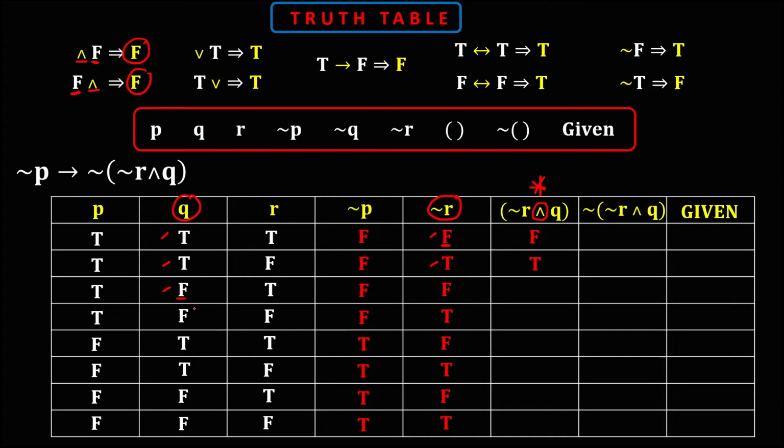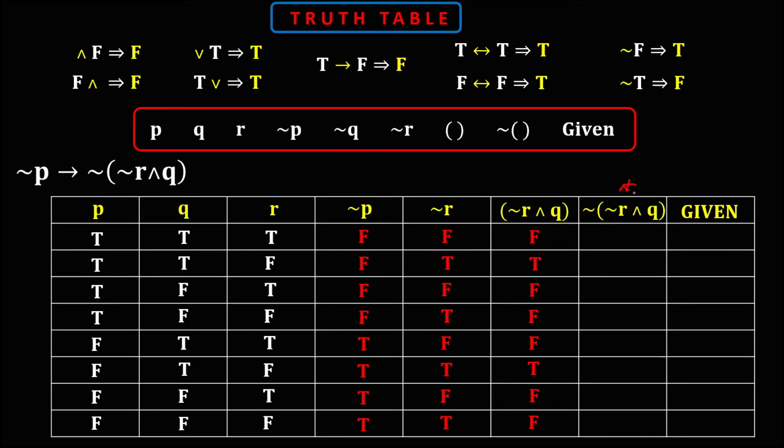Then false, so false. Then false, so false. Then true and false, so false. Then true and true, all true, so true. Then false, so false. Then false, so false. So these are now the values for this column.